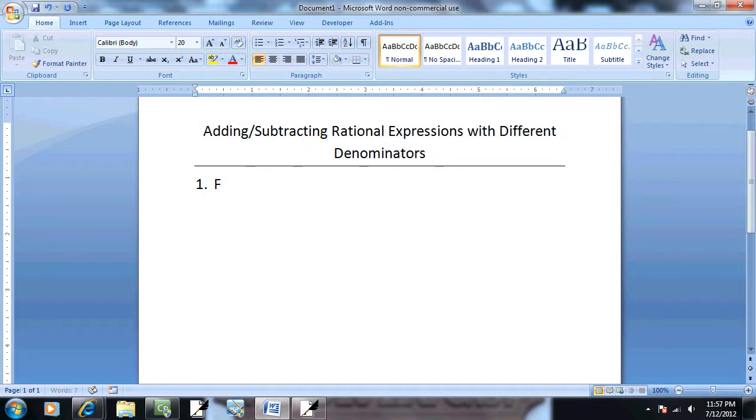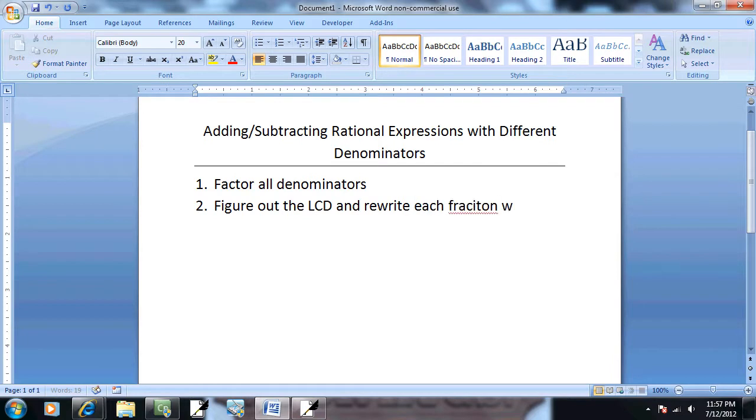Step 1: Factor all the denominators. Step 2: Figure out the least common denominator and rewrite each fraction with that denominator.